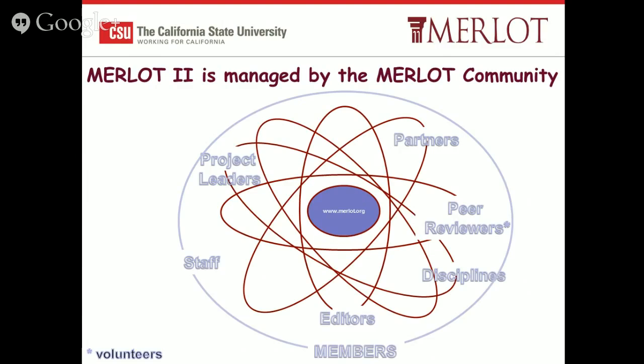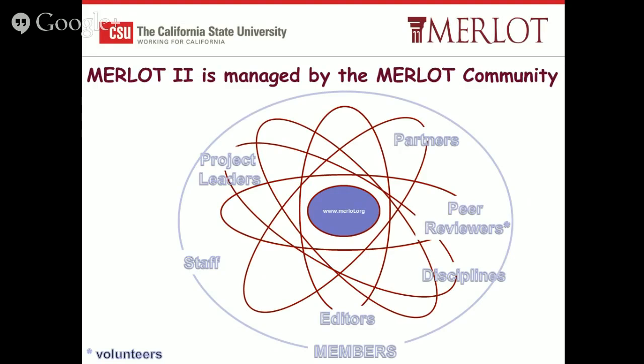So when you are in Merlot and you do a search on algebra and you get back 257 results, they're sorted by whether or not they've had an editor's review or a peer review, if they have member comments or ratings. That's real important, that our users who use these materials will go in and either start a discussion or add a comment or a rating, so people know the value of them.